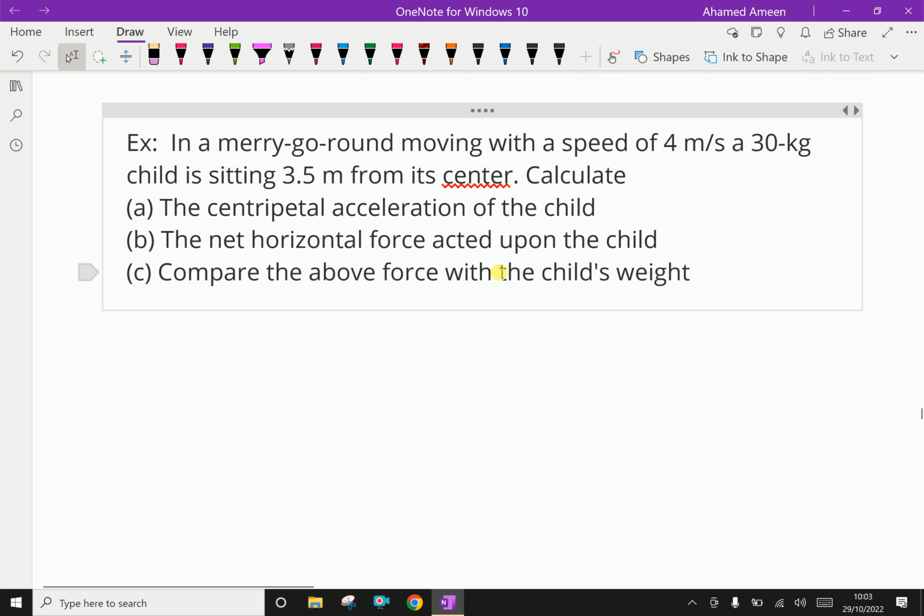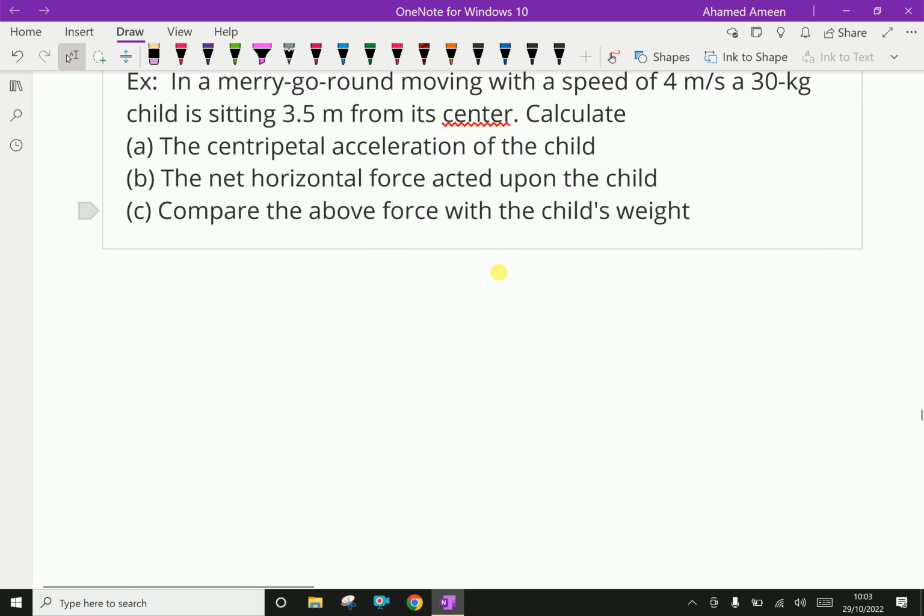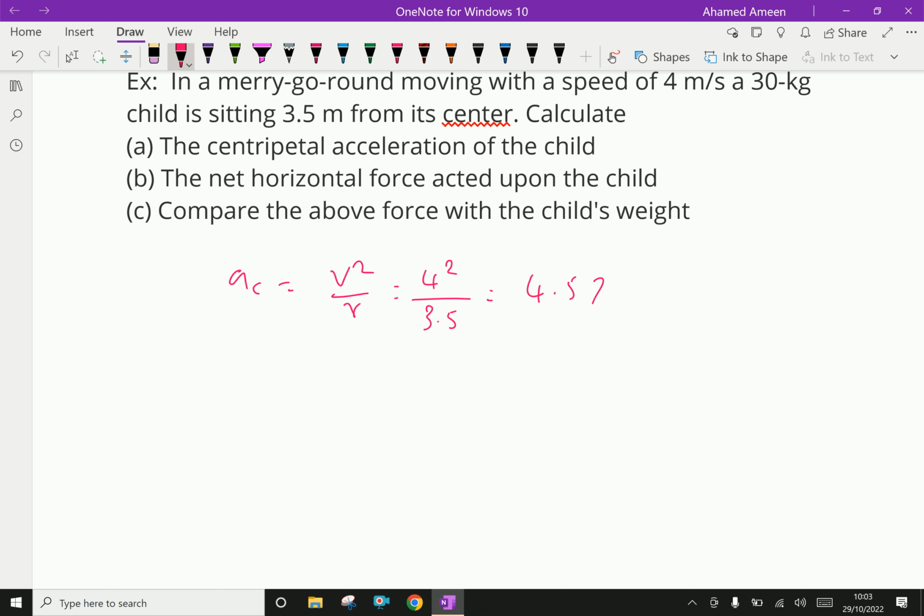Centripetal acceleration is v square by r. v is 4 meter per second, so 4 square over r, which is 3.5 meter. 4 square by 3.5 is equal to 4.57 meter per second square.